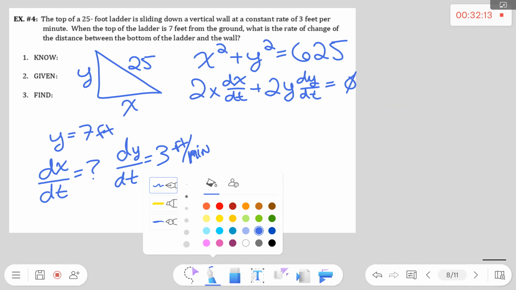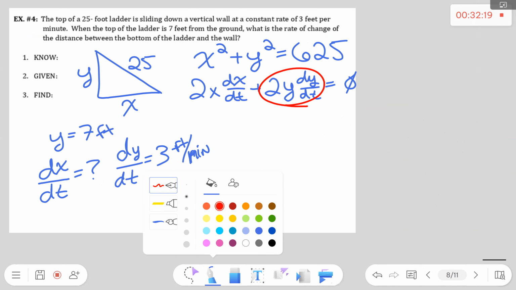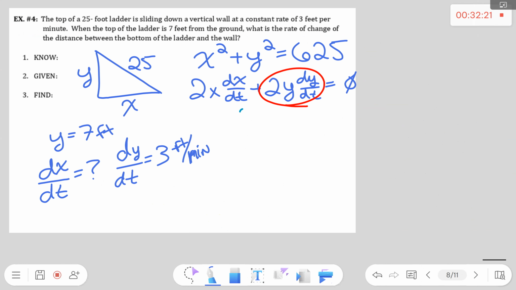So first thing I'm going to do is subtract this to the other side. So what I get is 2x dx/dt equals negative 2y dy/dt. The 2s cancel out.